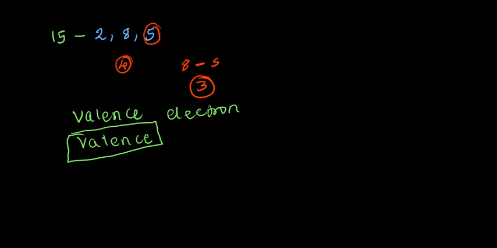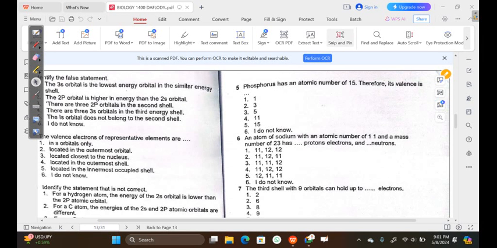You are looking for the valence, and there's no valence of an atom which goes beyond 4. But if they ask what is the valence electron, you look at the number of electrons in the outermost shell. How many electrons do we have in the outermost shell? 5. That is going to be your valence electron number. Are we clear? Okay.